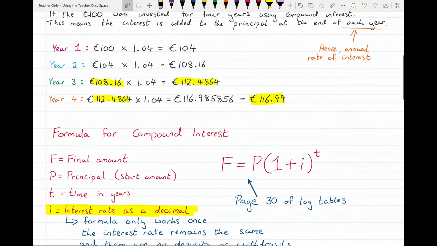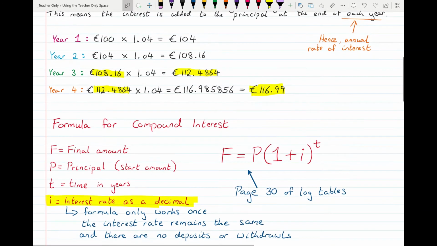Here it is. F stands for the final amount or the final value of it at the end of the term. So if you have a 30-year mortgage, this F figure will be how much it will be worth after the 30 years. P is your principal amount, so your starting amount.